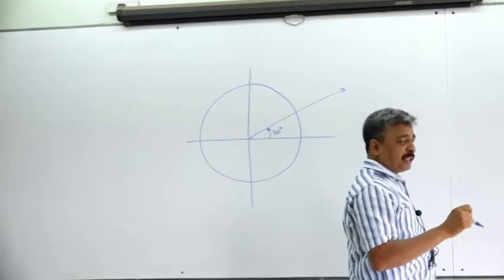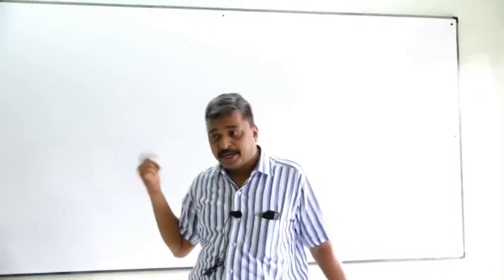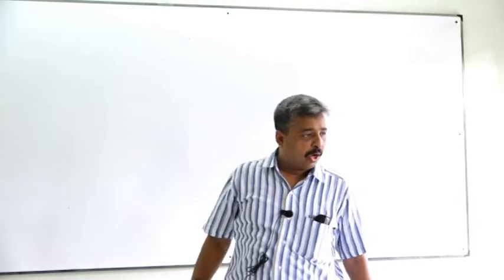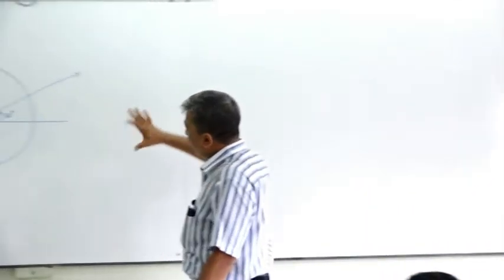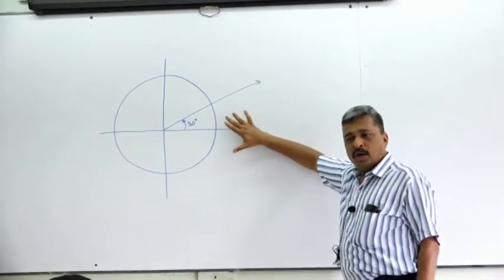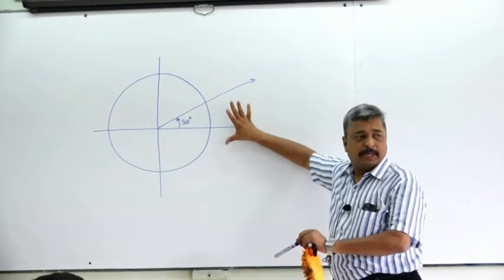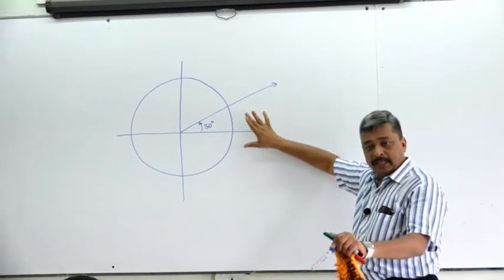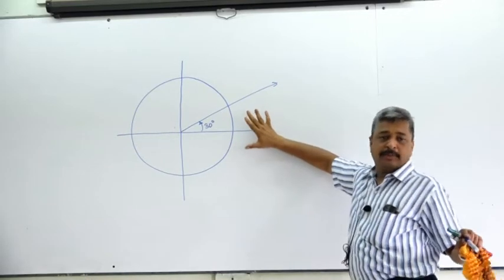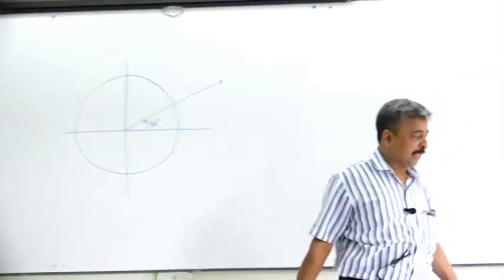And the same picture will be true for, say, angle 390 or minus 330. We will have exactly the same diagram for infinitely many values of theta. The diagram will be the same, and therefore the sin value for that angle will be exactly the same, because that is this distance. We have understood that.